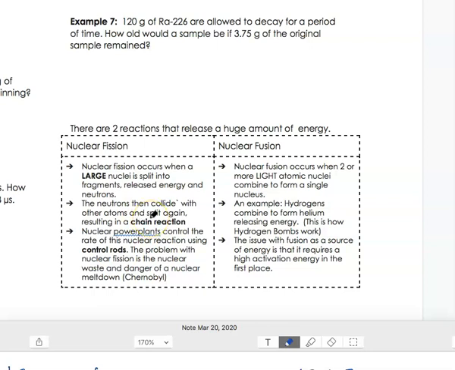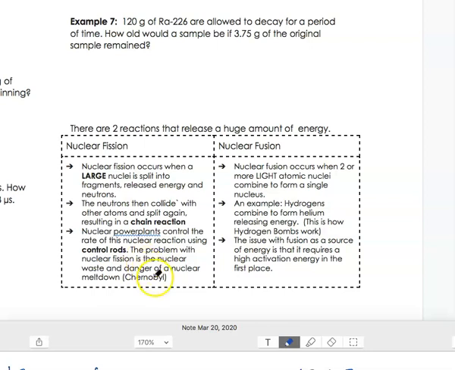And you guys can look at Google Images and see a picture of how that looks like, and it triggers a chain reaction. So after one atom is broken into fragments, then the neutrons are released, and then more and more and more atoms start to split, and a big burst of energy is released. And that's how nuclear power plants work, is they use that energy to harness what we need for our demands.